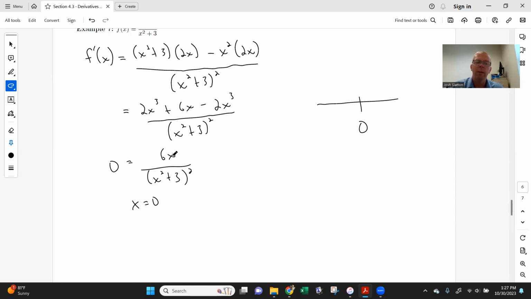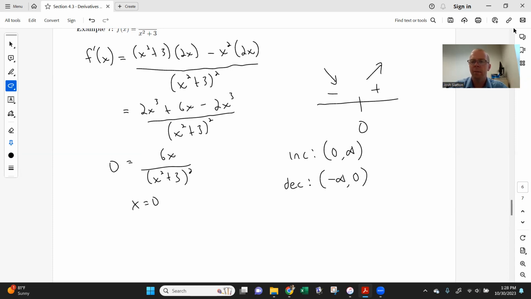So when x is negative, the first derivative is negative. When x is positive, the first derivative is positive. So we're increasing from 0 to infinity. We are decreasing from negative infinity to 0. So we're decreasing, then increasing.